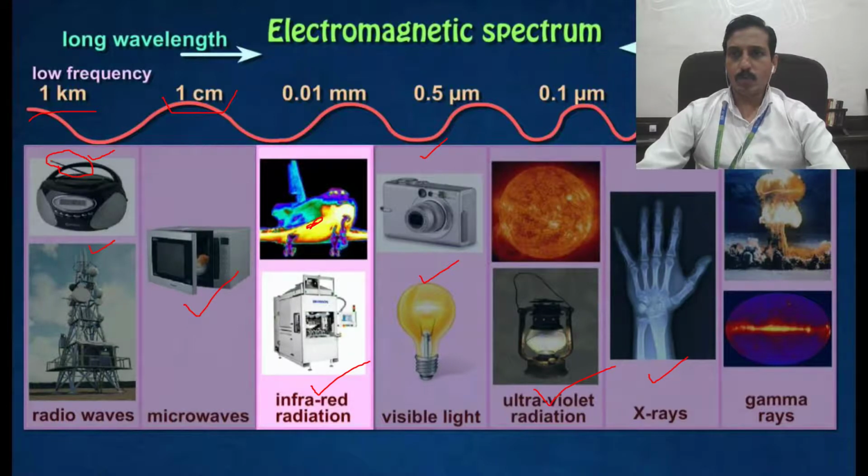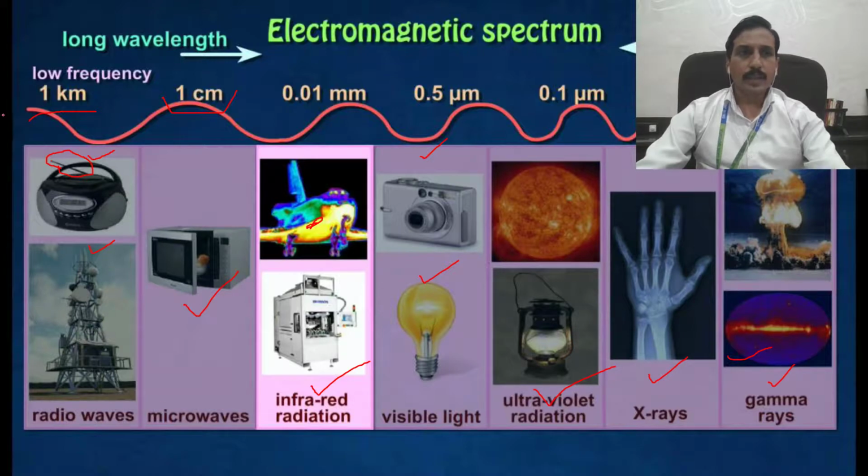It is in the range of 1 nanometer. As far as gamma rays are concerned, these rays come from very critical or catastrophic explosions, like a nuclear explosion, or from some geographic events like volcanoes, and come under this range, 0.01 nanometer.